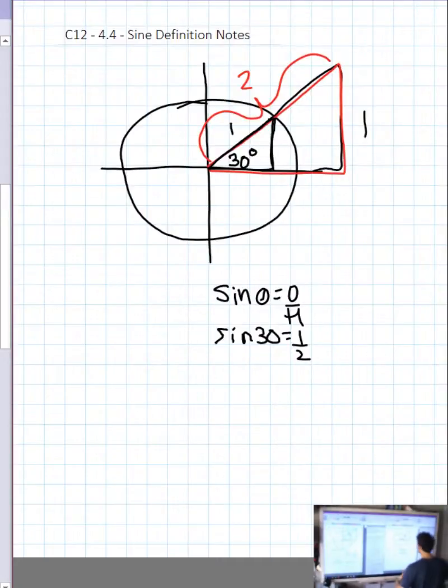So how much bigger is the triangle? Well, the red triangle is 2 times as big as the black triangle. Therefore, if I have an opposite of 1 in the big triangle, and I know that I have to divide it by 2, I have an opposite of 1/2.